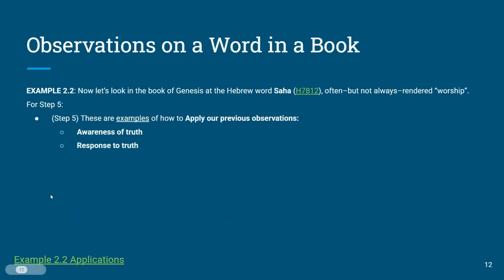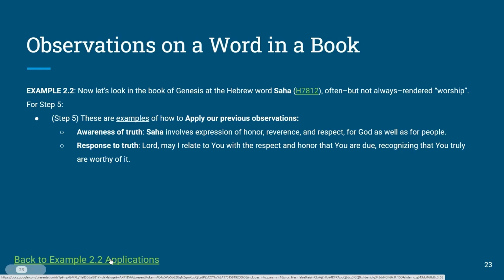Just as we've done in the previous three examples, we are interested in synthesizing an awareness of truth and a response to truth. So with the observations that we've made, how can we create a synthesized awareness of truth and a response to truth? Let's take a look at some examples.